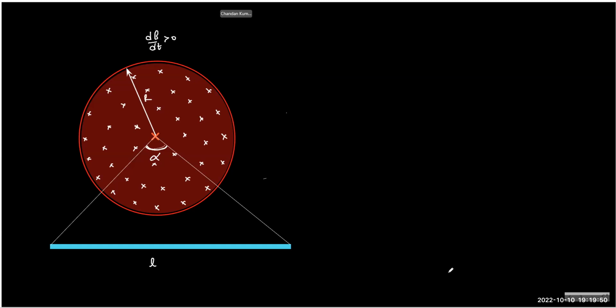So therefore, the flux we can write here is half R square alpha into B, right? Which is the sector area. And any rod which passes the center cannot have the induced EMF, whether it is inside or outside, doesn't matter.